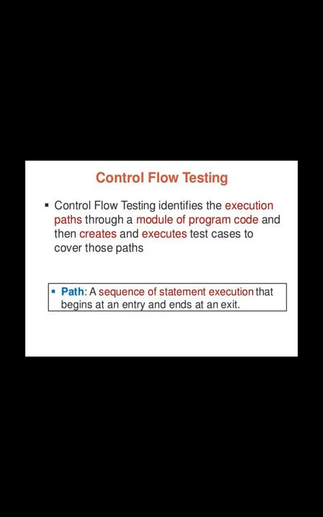So it will accept some input, do the processing, and produce the corresponding output. A path is a sequence of statement execution that begins at any entry point and ends at the exit point. A path means where the data is accepted, how it is transferred, and where the process ends.